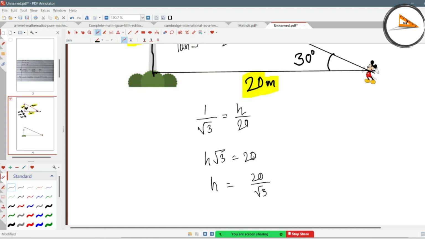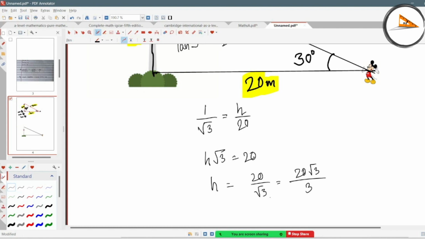You can write this as the answer, but if you want to keep it as a fraction, you had better write it this way: 20 root 3 over 3. We have to write it this way because we cannot write the denominator as an irrational number.